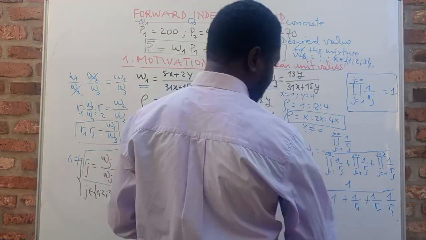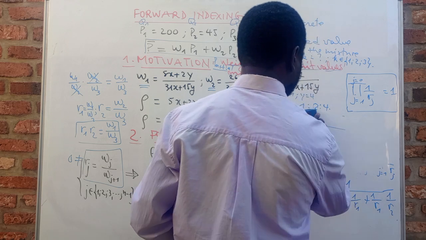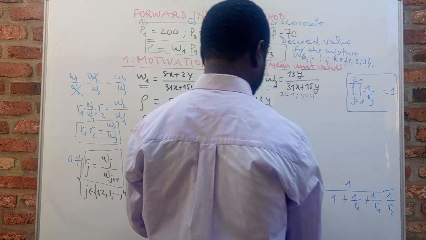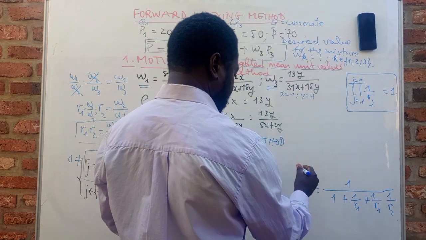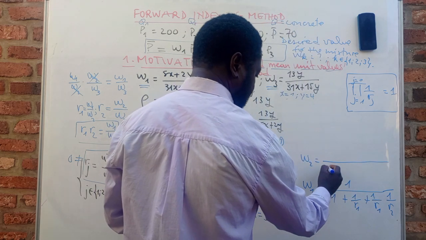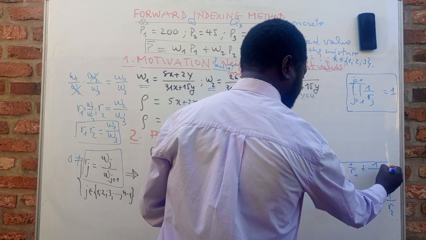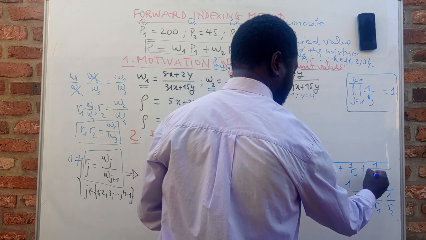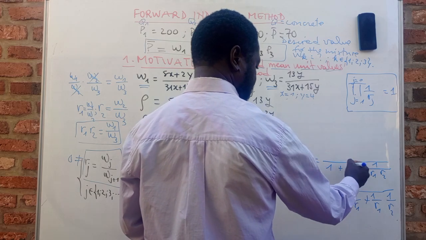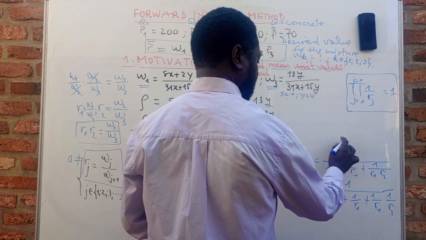Now we can find space here in order to write the second weight. The second weight will be the same denominator, 1 plus 1 over R1 plus 1 over R1 times R2. So this will be the second term here, 1 over R sub 1.